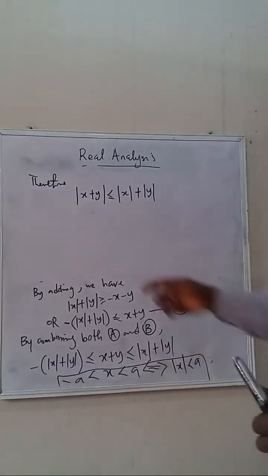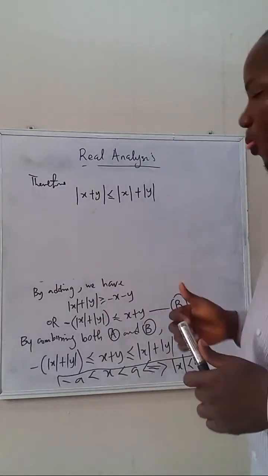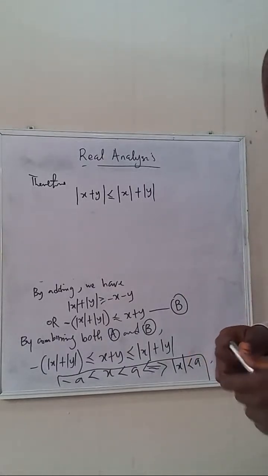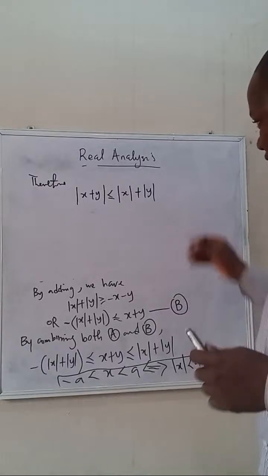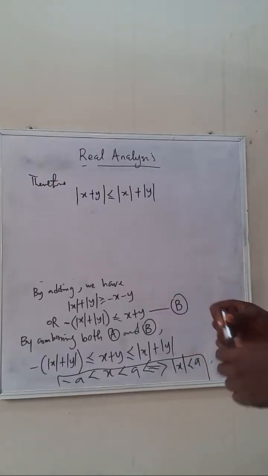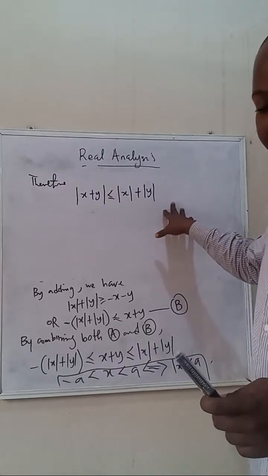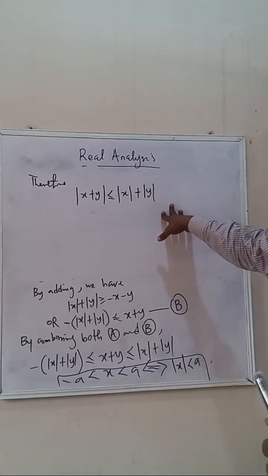By virtue of example 1 or example 2 thereabout. So that's how we prove property 2 there.